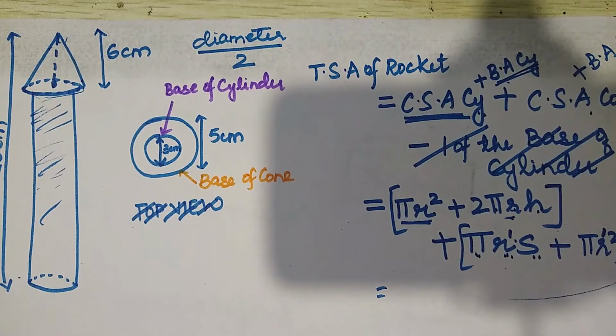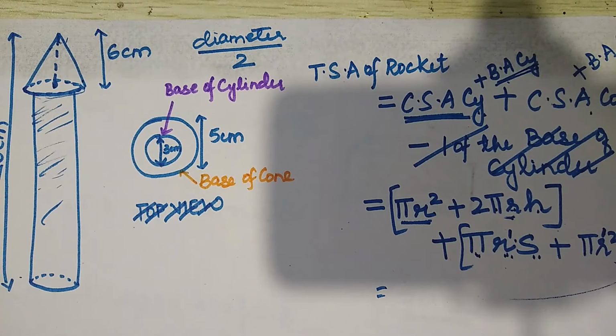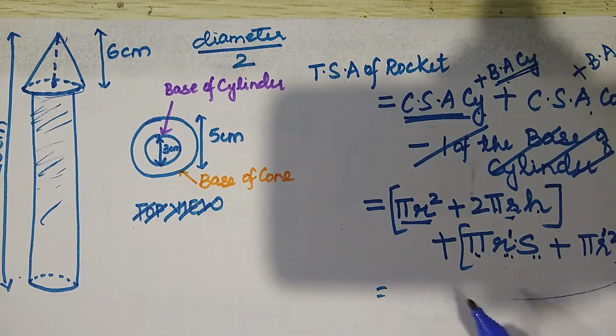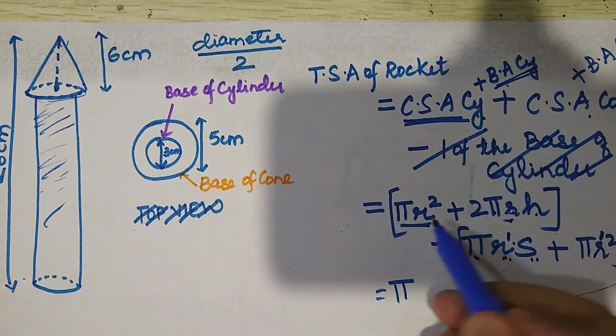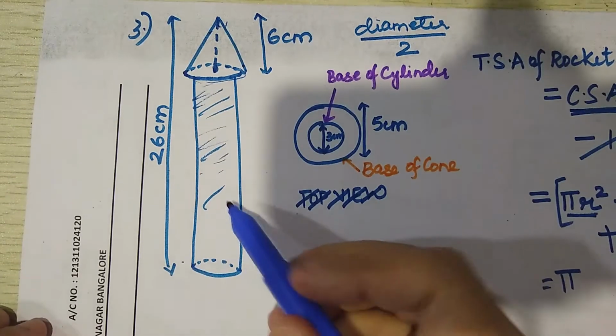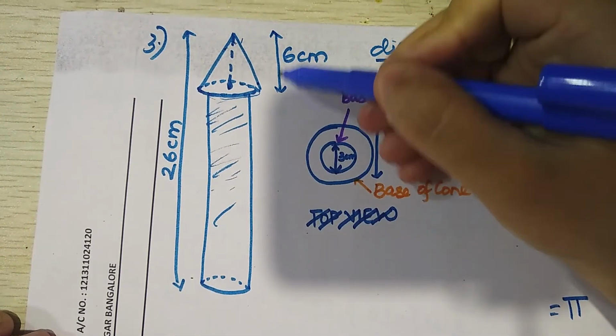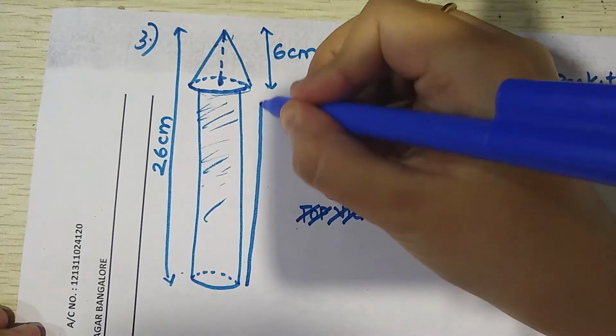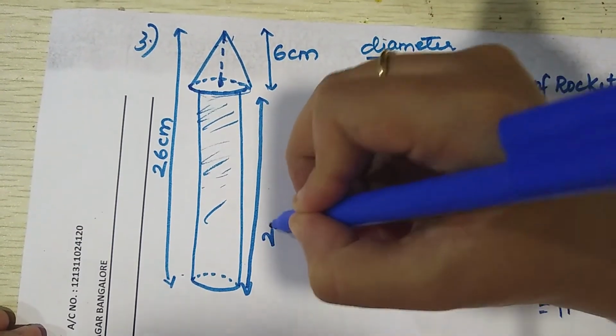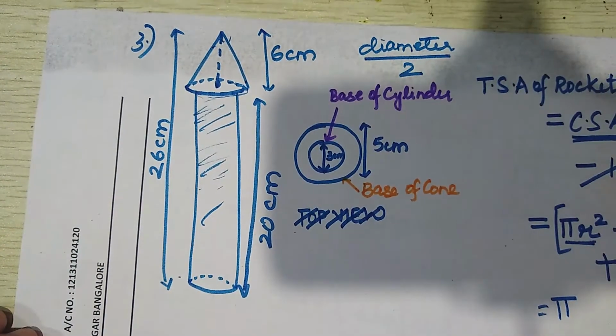Next, let us get to the radius, the height and the slant height everywhere. So firstly pi, then r. This is for the cylinder, right? So for the cylinder, you see, this is 6 centimeter. This whole thing is 26, which means that the cylinder is only 20 centimeters in height.